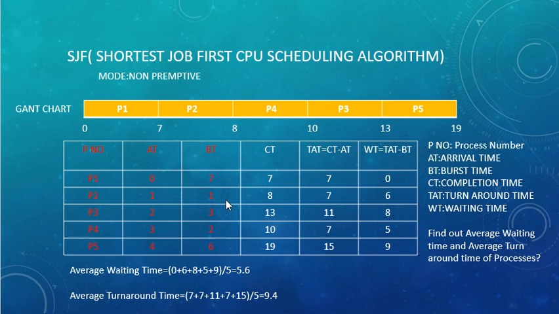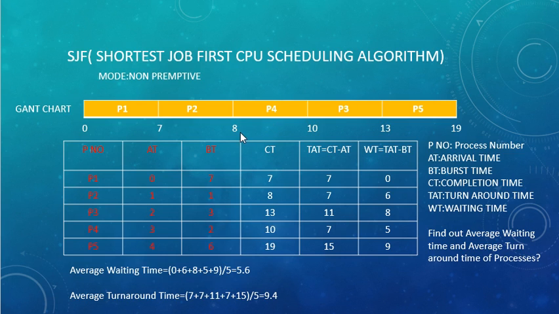Next, P2 is over. Now we compare P3, P4 and P5: P3's burst time is 3, P4's burst time is 2, P5's burst time is 6. Again, P4's burst time is less compared to P3 and P5, so P4 is going to be scheduled in the Gantt chart.